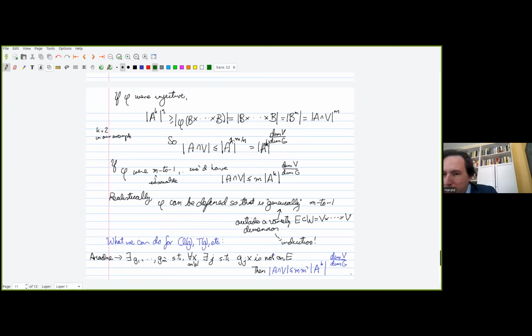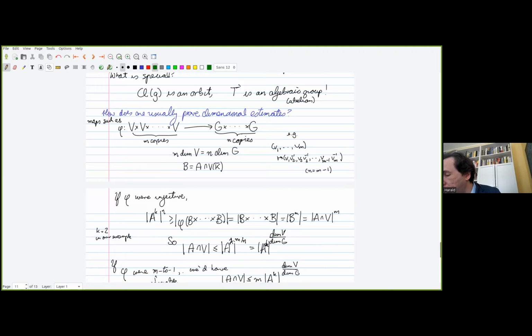So if phi were injective, generally it won't be, but say phi were injective, you have that A^k to the n is at least as big as the image, because all of these products are in A^k, in fact in A squared, or A times A inverse, and they are also in the image of this map.